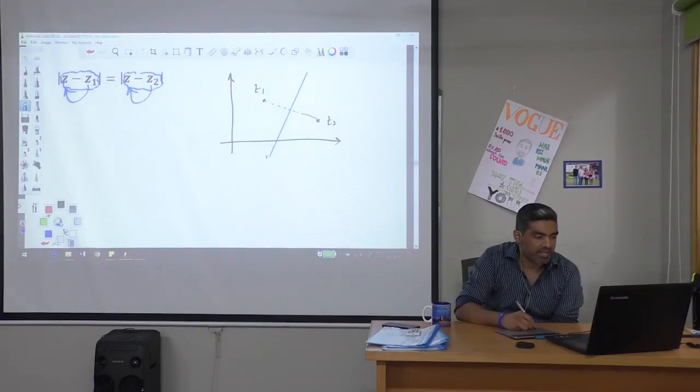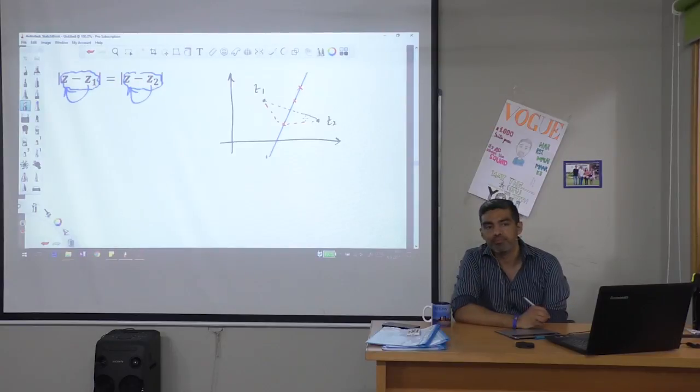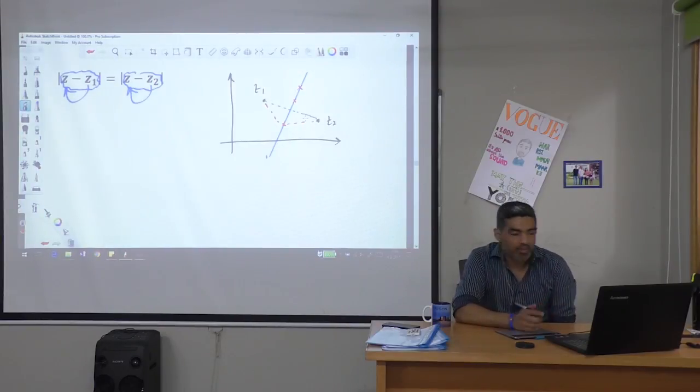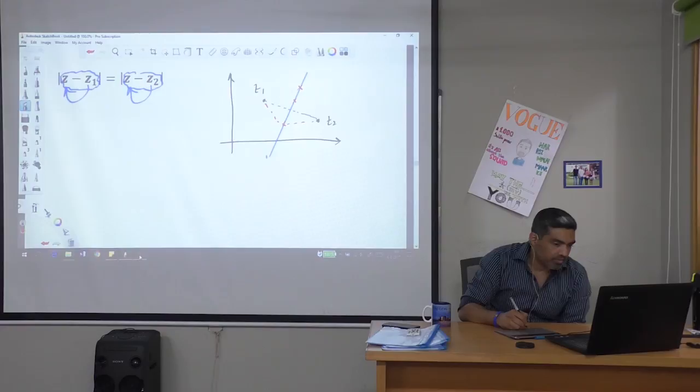It doesn't matter where Z is. Z can be anywhere on this line. No matter where Z is on this line, it will always be equidistant from both Z1 and Z2. So it has to be on the perpendicular bisector of the line joining Z1 and Z2. As simple. Are you good? Yes. Okay.